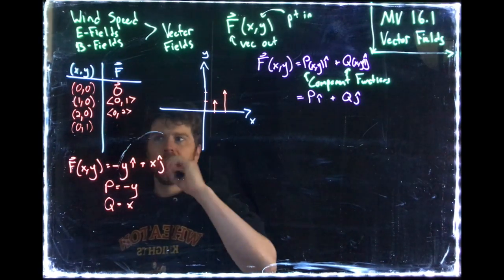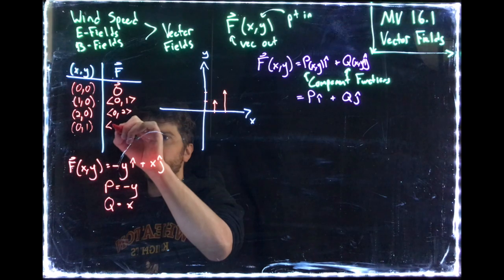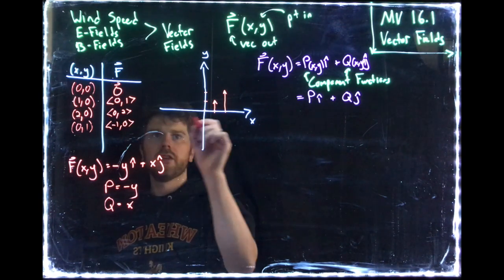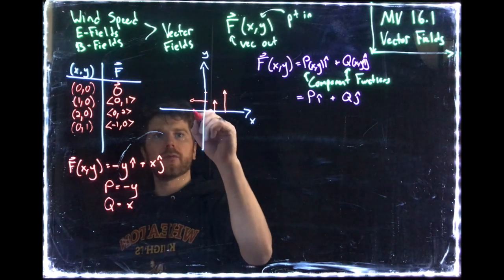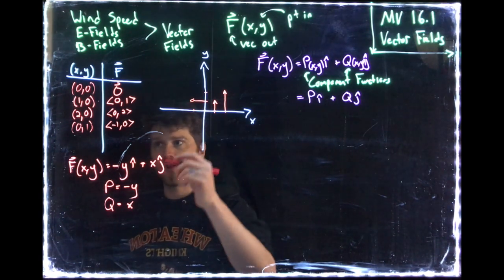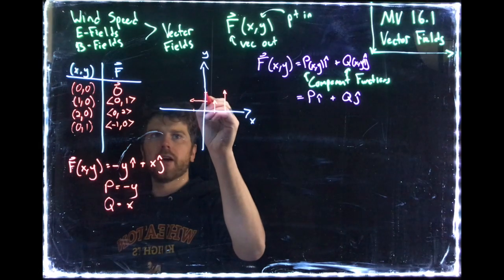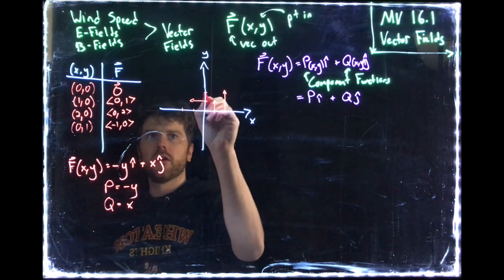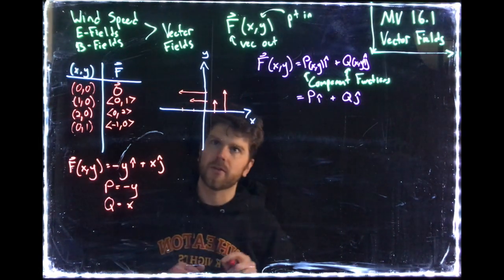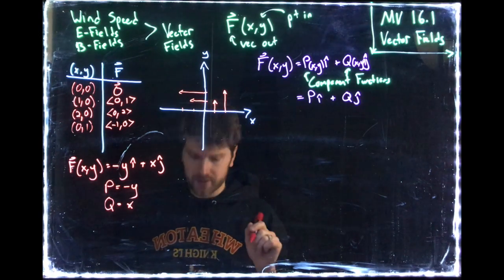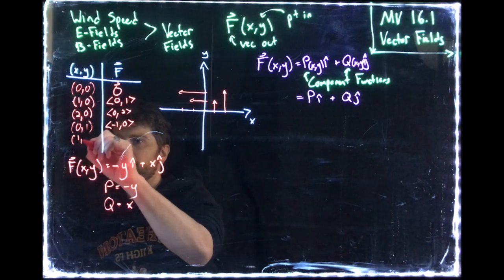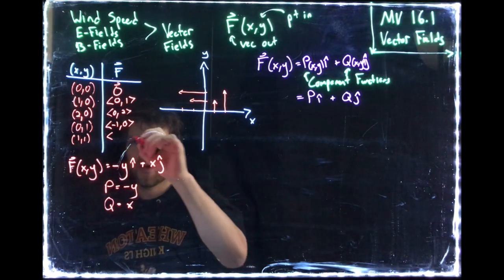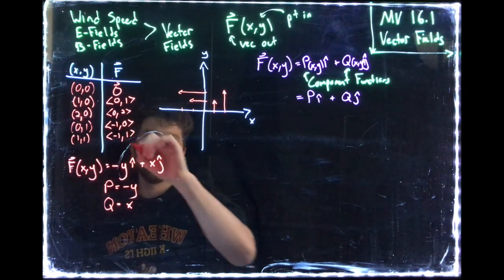What if we try, say, 0, 1? Well, if I try 0, 1, I get negative 1, 0, which is this vector. And similarly, if I tried 0, 2, I would get this vector. What if I try something a little intermediate? What if I try 1, 1? Well, if I try 1, 1, I get negative 1, 1.